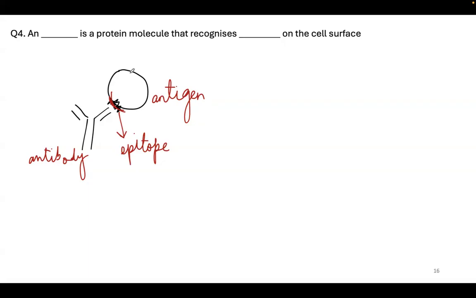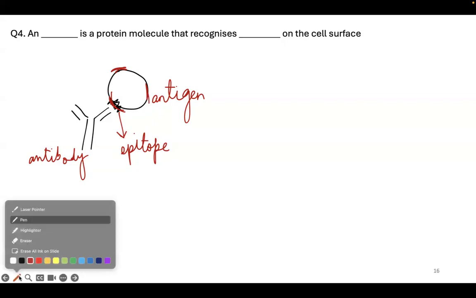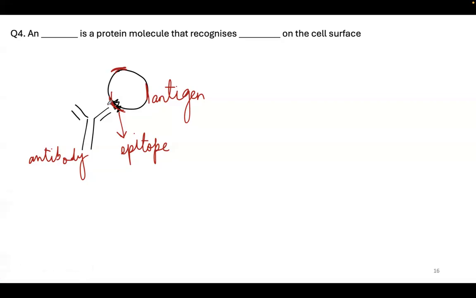The first 10 amino acids may be recognized by something, the middle 10 by something else, and some 10 at the end by something else. So you can have different epitopes on this antigen, and each of them can be recognized by a different antibody. Either is recognizing the other, but the way it's generally said is that what you have on the cell surface is an antigen, and the detecting part is the antibody. So antibody recognizes the antigen. All right. Good try.